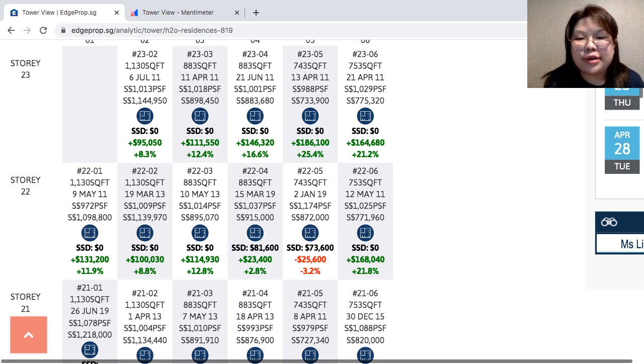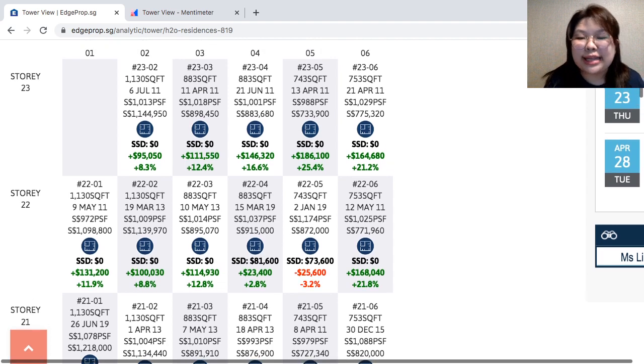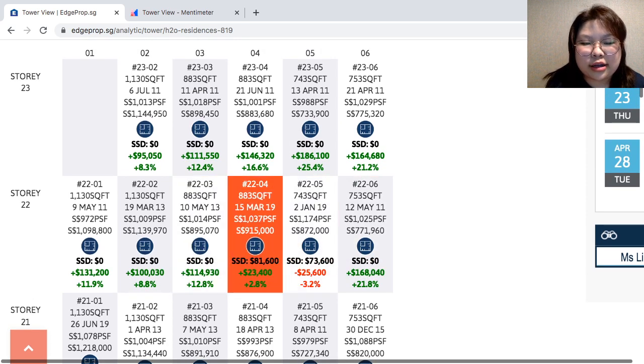So how do we calculate the edge fair value based on this grid over here? What you will do is to look at the price that they paid for the unit. So for instance, 2204, they paid 915,000. And after taking into account the seller's stamp duty, which is 81,600, they will still make a profit of 23,400.